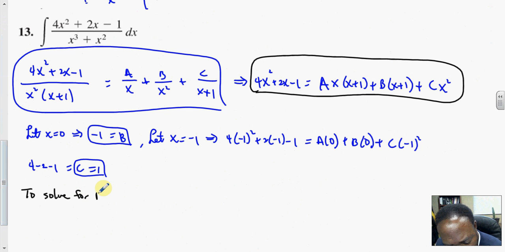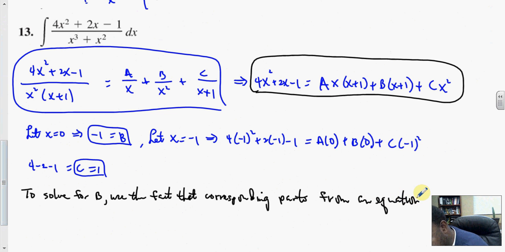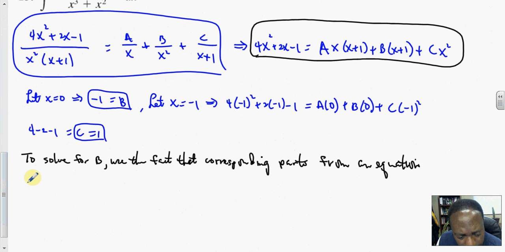To solve for b, we use the fact that the corresponding parts from an equation are equal.